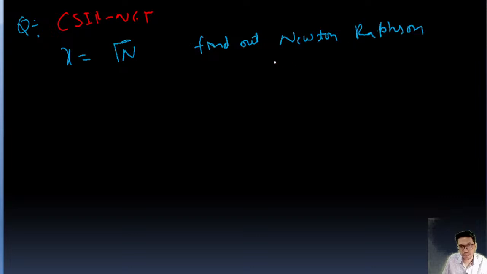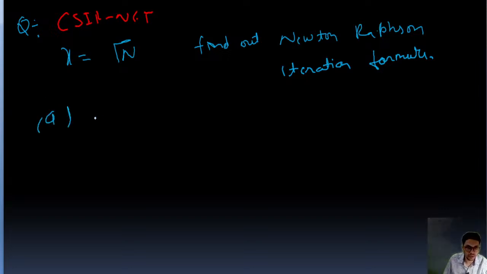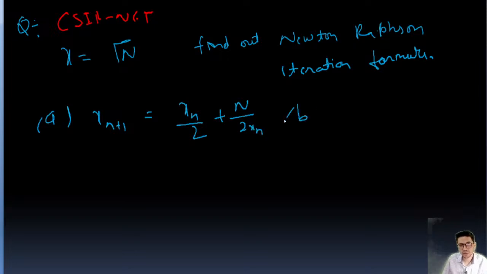Okay, x is given, and we have to find out the Newton-Raphson iteration formula, and options are given. Option A: xn plus 1 equal to xn by 2 plus n by 2xn. Very simple question.